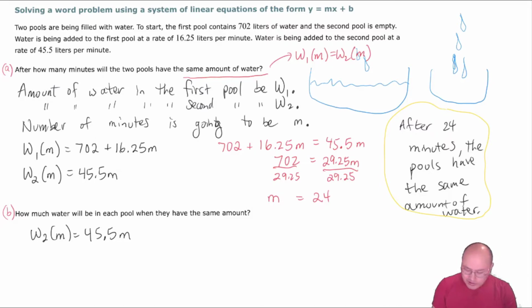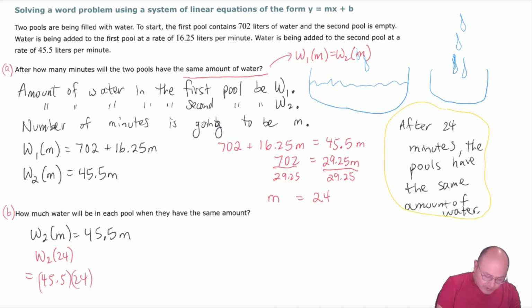We're going to go ahead and use function notation and look at this expression. That is simply 45.5 times 24.